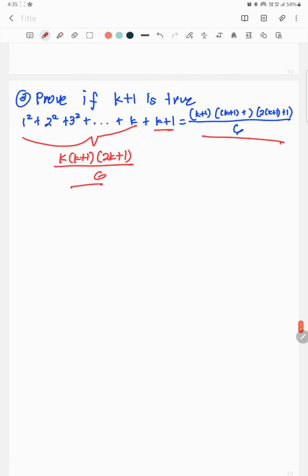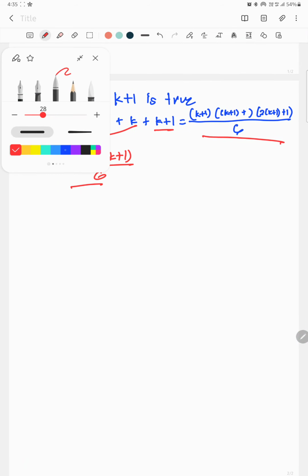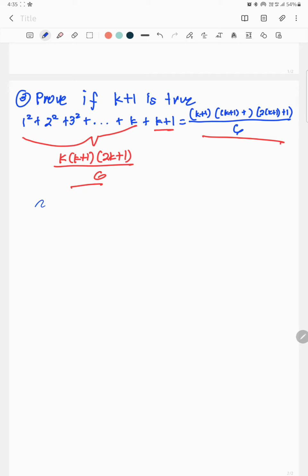So when we prove, let me just get the pen now. What we have there is k times k plus 1 times 2k plus 1 all over 6, and then plus k plus 1 is equal to, let me just simplify that.